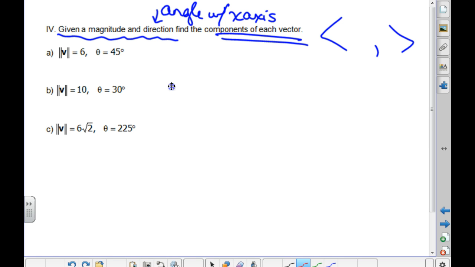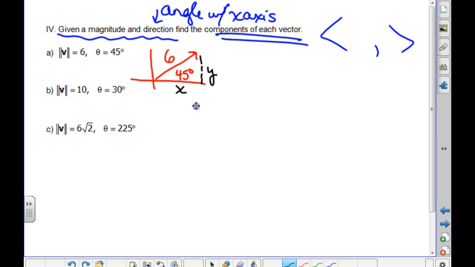I would like you to be able to do these in exact form when possible. So we're going to start out, this first one says we are making a 45-degree angle with the x-axis, and we are going out to the tip of our vector exactly 6 units. How are we going to find the x and y components of that vector?